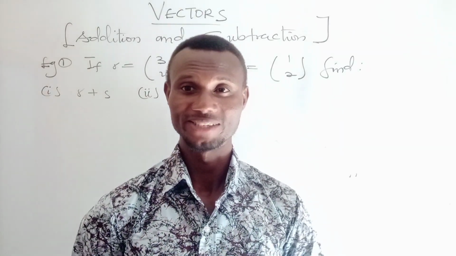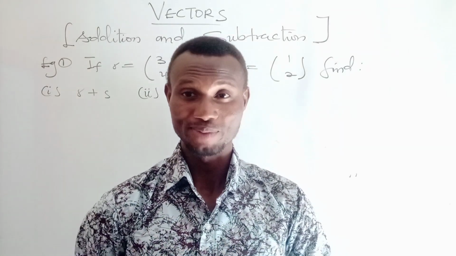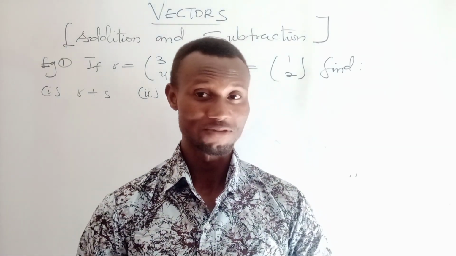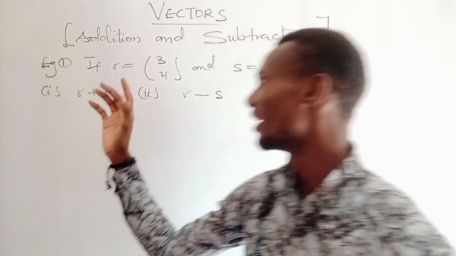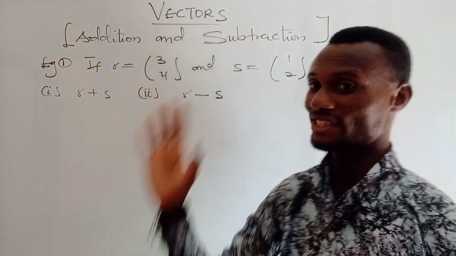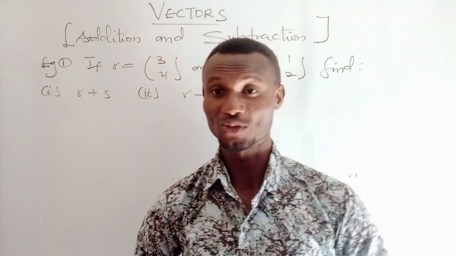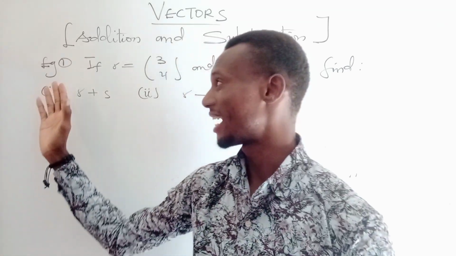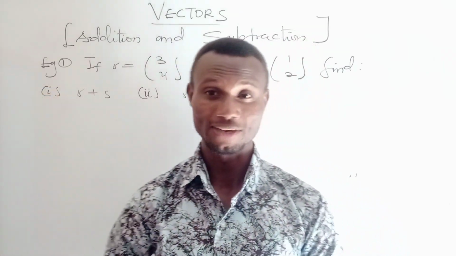This is a continuation to handle another aspect of the vectors with you, and that is addition and subtraction of vectors. As you can see from the board, I've written addition and subtraction on the board, and that is what I want to teach you in this video. You can see that I have an example on the board that I want to solve with you.